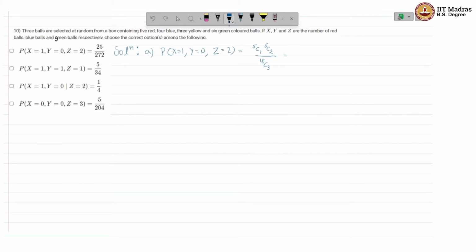So this is equal to, on simplification, 25 by 272. So option A is correct.